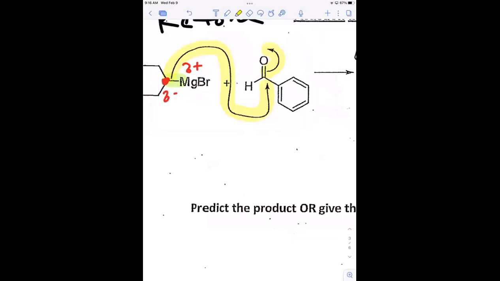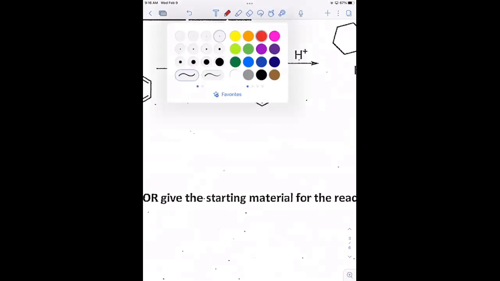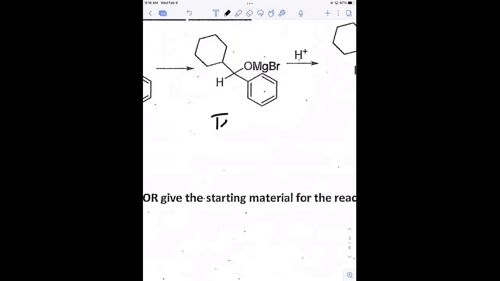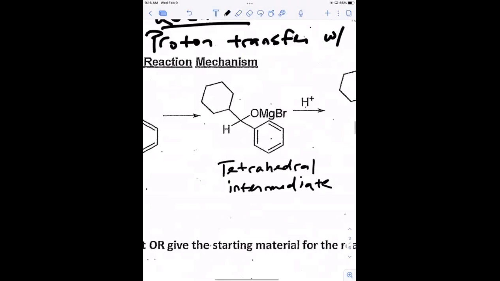Anytime you do an addition to a carbonyl, you get an intermediate. In this case, any carbonyl addition, you add a nucleophile to it, you're going to get what's called a tetrahedral intermediate. Which is here. You could also write that like this.